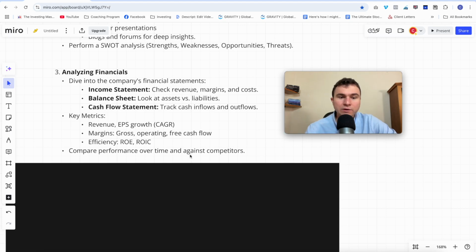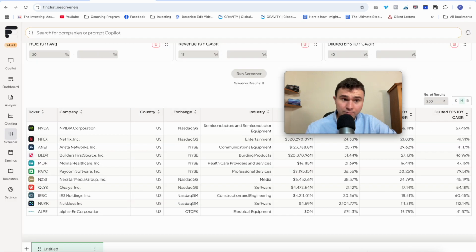Compare performance over time, so for the past 10 years, 20 years, and against competitors. I would check who are the competitors for Arista Networks and the other business models. And once I am done with Arista Networks, either I like it or I don't like it, then I pass. I move on. Let's say this one, and this one, and this one, and this one.